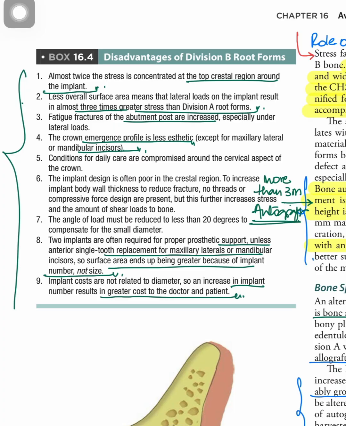So almost twice the stress is concentrated at the top crestal region around the implant. Less overall surface area means that lateral loads on the implant result in almost 3 times greater stress than division A root forms.